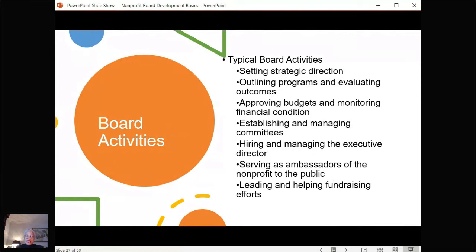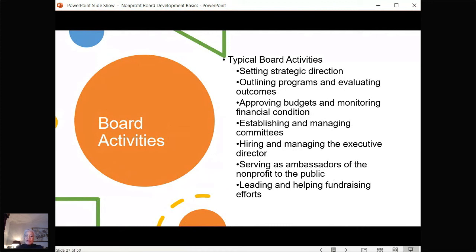They're establishing and managing committees. They're hiring and managing the executive director. They're only hiring and only managing the executive director. Their hands need to be off every other employee. The other employees are the responsibility of the executive director.